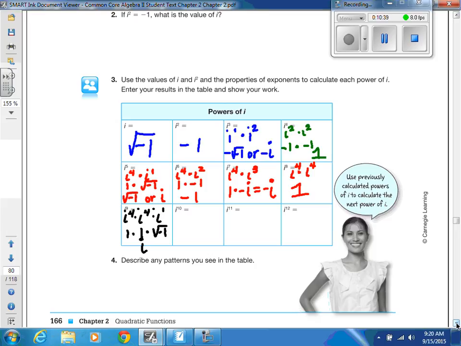i to the 10th, I could go i to the 4th, i to the 4th, i squared. So what's that going to equal? Negative 1. Right, 1, 1, negative 1. What do you think this one's going to equal?